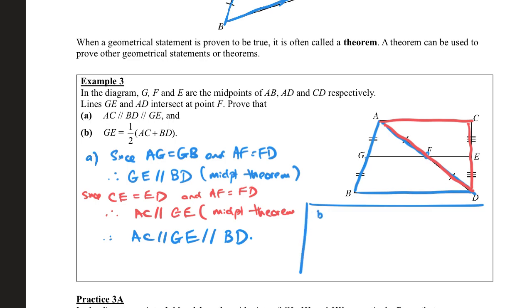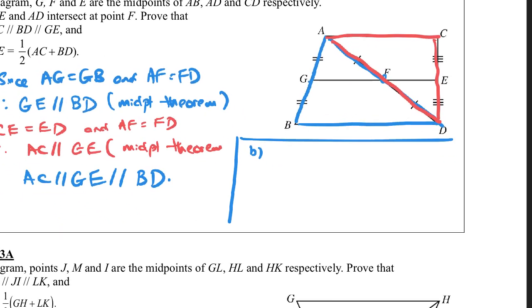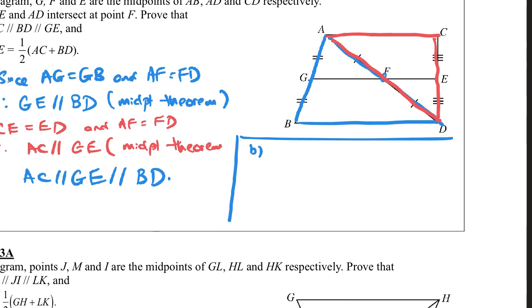Next, let's look at part B. Part B, I want to show that GE is half of AC plus BD. How do we show it? Okay, so we know that since CE equal to ED and AF equal to FD, therefore we know that FE is half of AC.